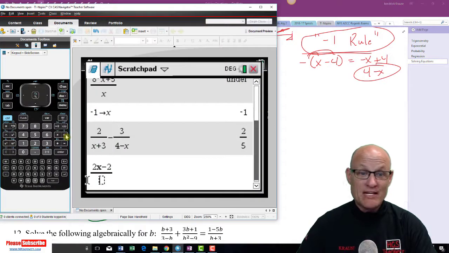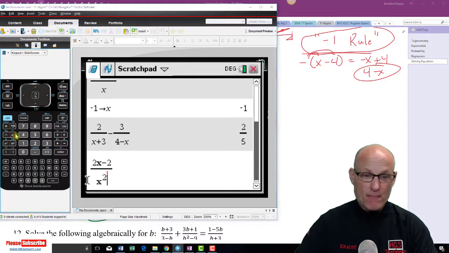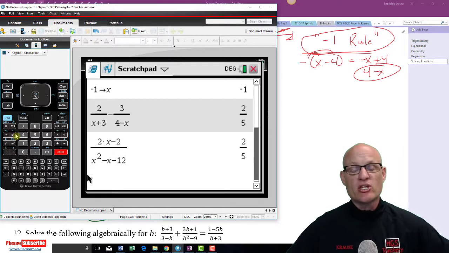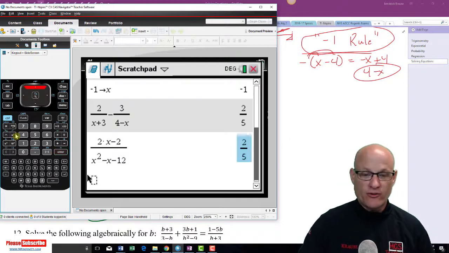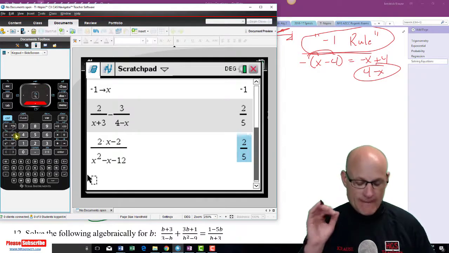It's a problem. 90% of the time it will work. Come Regents Day, it's going to be one of those ones that bite you in the butt and you're going to miss credit for it and you're going to be so mad you didn't listen to me. I'm assuming that you as a human being can see that this 2/5 is the same as this 2/5. You don't need the equal sign to tell you that.